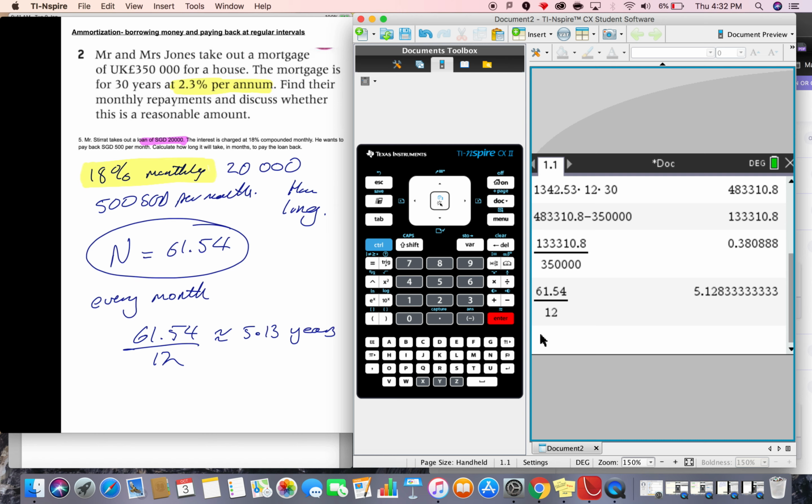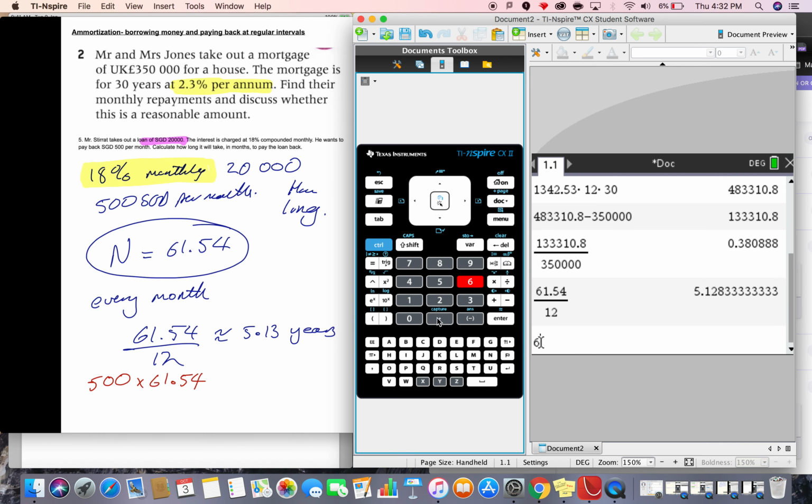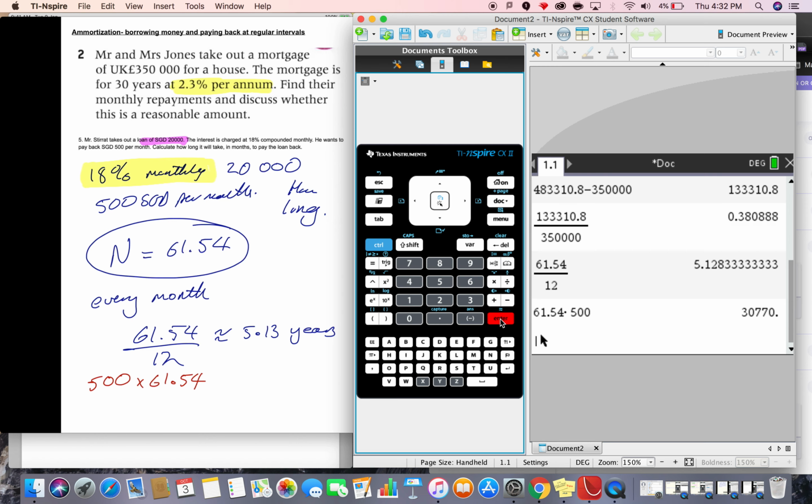So let's just see how big a burden that interest rate actually is. What we're going to do is this. We're paying out $500 per month, and we're making 61.54 payments. So let's physically see how much cash we're paying back to the bank. 61.54 times 500 is 30,770.